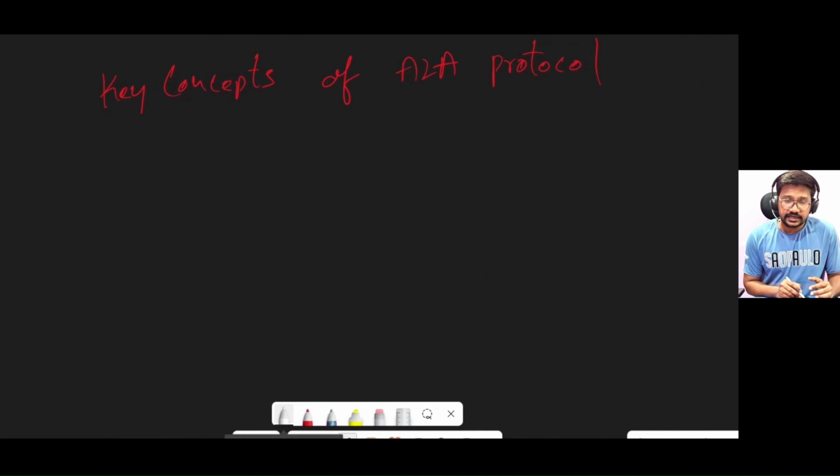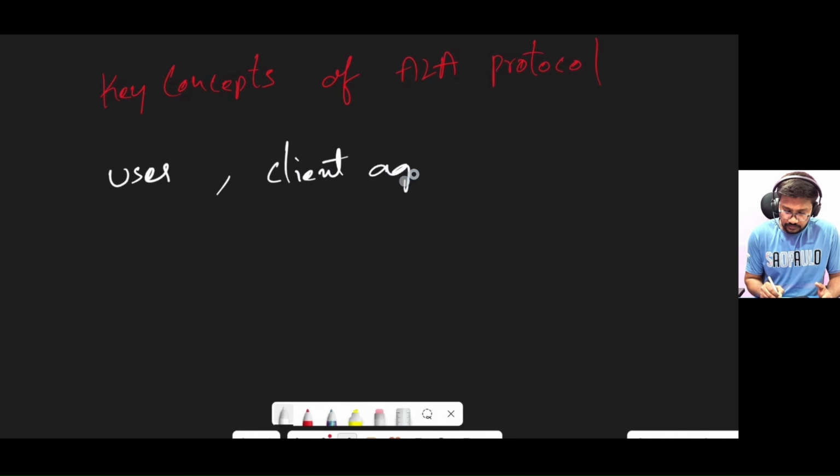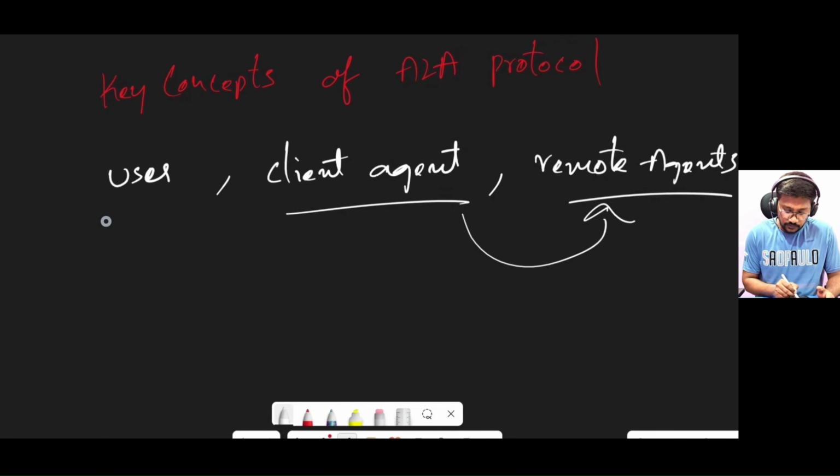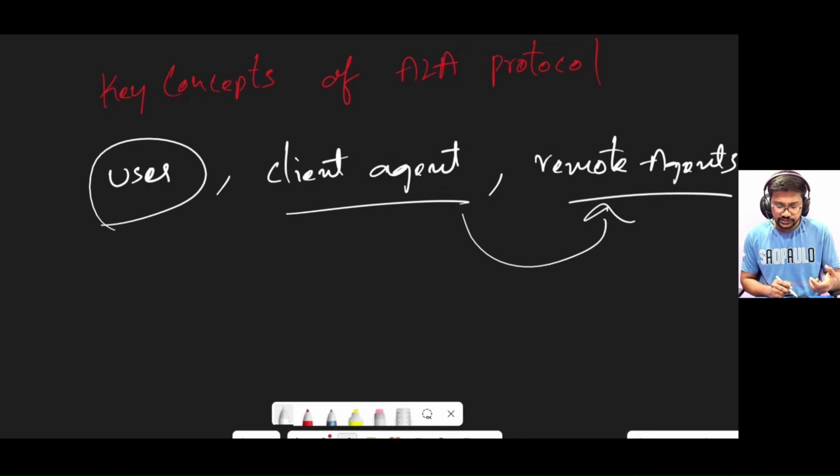Some of the core actors in the A2A protocol are the user, the client agent, like my agent, and the remote agent. Remote agents can be multiple agents like flight, weather, or hotel agents, right? This client agent will try to interact with all of these remote agents with the help of user intervention.